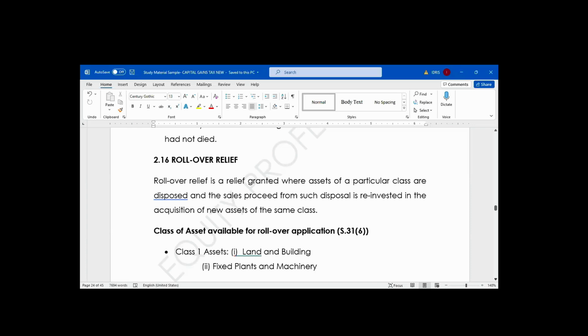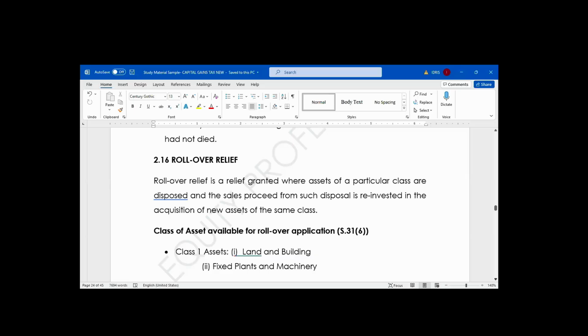How much is my capital gain? 150 million. That means I'm supposed to pay capital gain tax of 15 million. 10% of 150 million is 15 million.